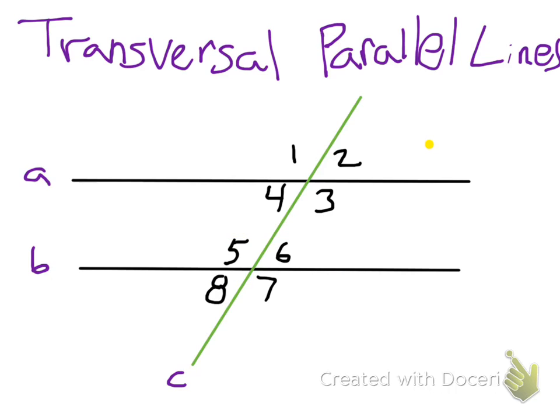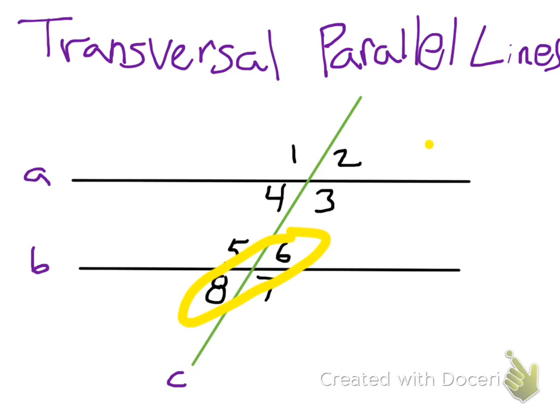They add up to 180 degrees. 6 and 7 are supplementary angles. 7 and 8 are supplementary angles. And 5 and 8 are also supplementary angles. And just like we just talked about, our opposite angles are exactly the same as each other. And so I know that 5 is the exact same as angle 7, and 6 is the exact same as angle 8.